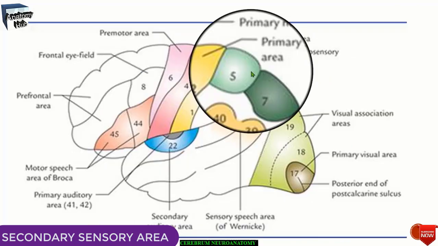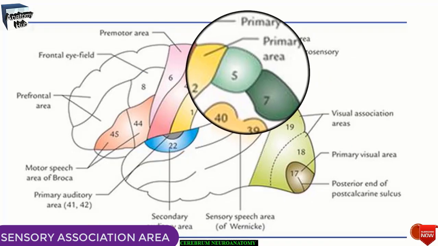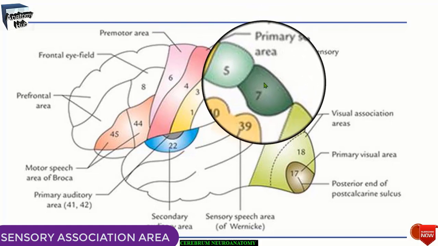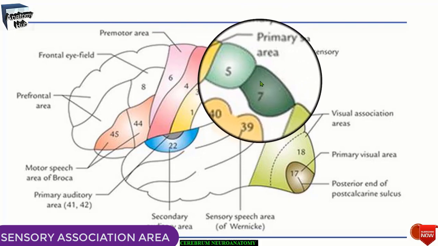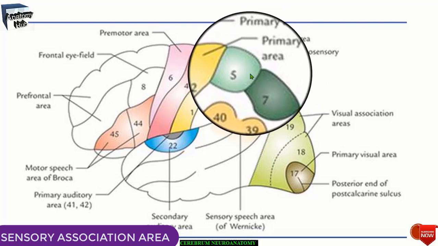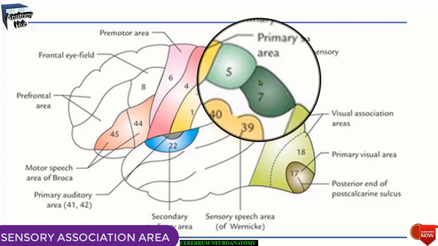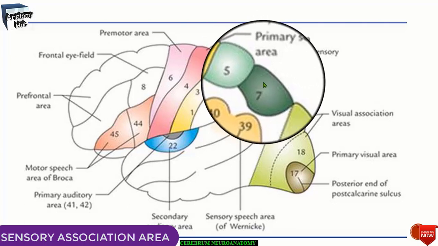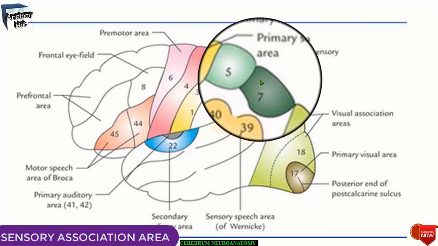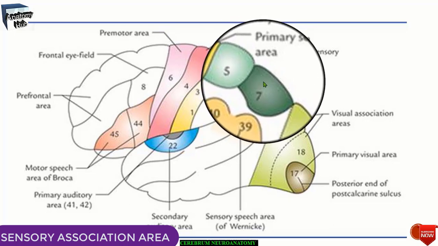The sensory association area occupies the superior parietal lobule, corresponding to areas 5 and 7 of Brodmann, and it is concerned with the perception of shape, size, roughness and texture of objects, and it enables the individual to recognize an object placed in his or her hand without seeing.